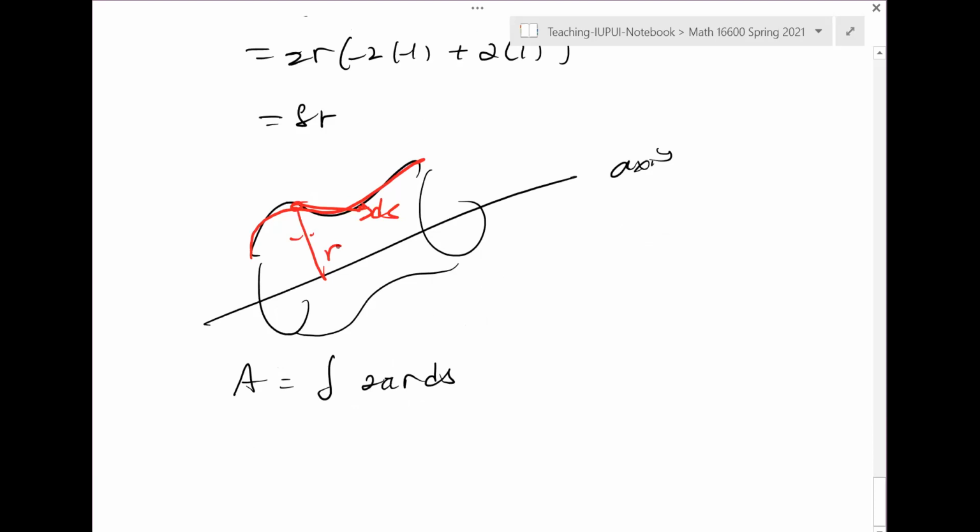Almost nobody, on the last problem on the test, drew the picture or marked the radius. I don't know why. How did you get this formula? This is required. It's part of the solution, actually. I have to insist on that.